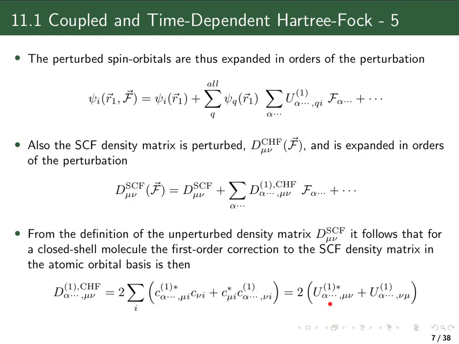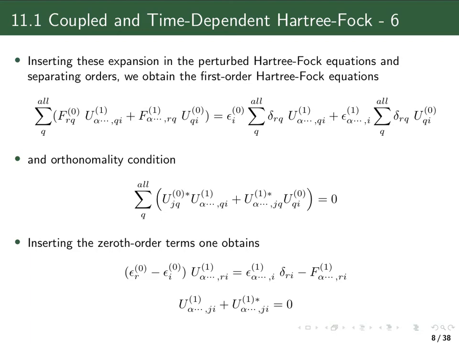Now we can insert all these expansions in our perturbed Hartree-Fock equations and then, like normally in perturbation theory, separate orders. The first order perturbed Hartree-Fock equations then take this form here. Correspondingly, the orthonormality condition for the spin orbitals to first order takes this form.